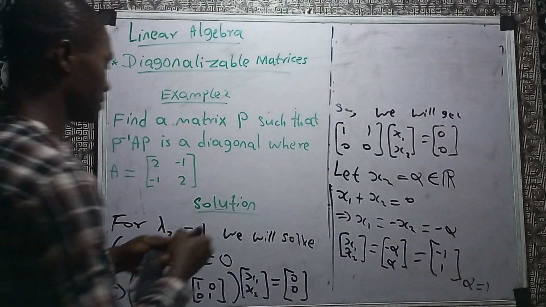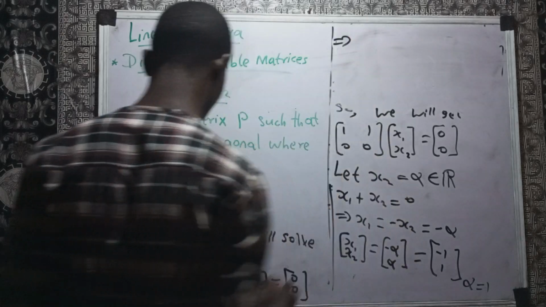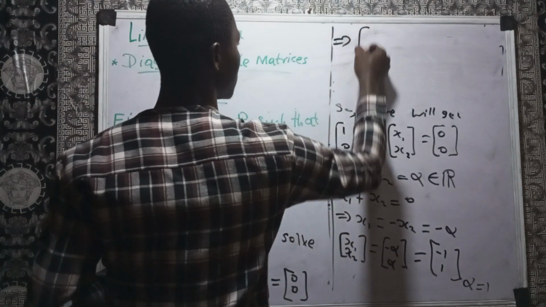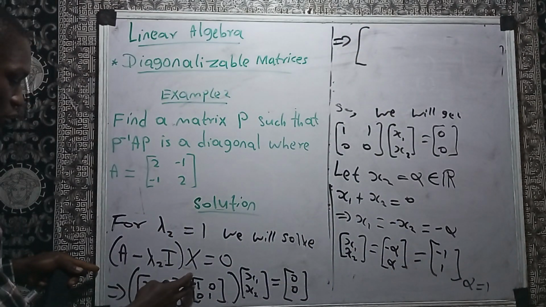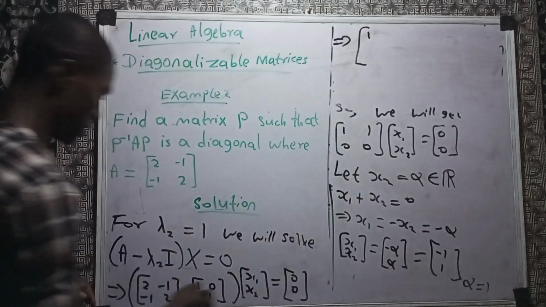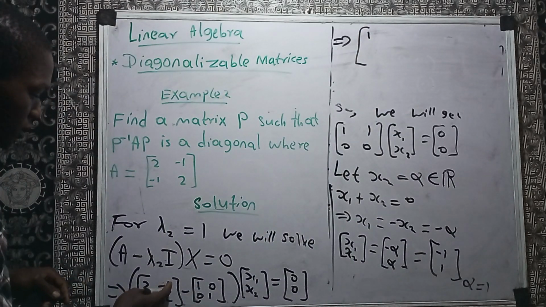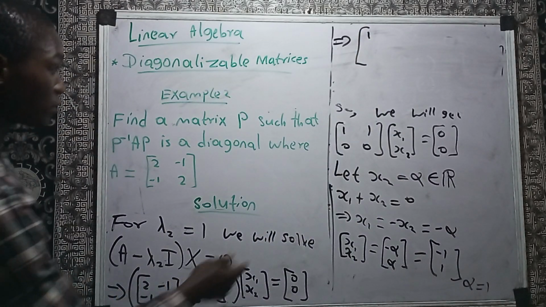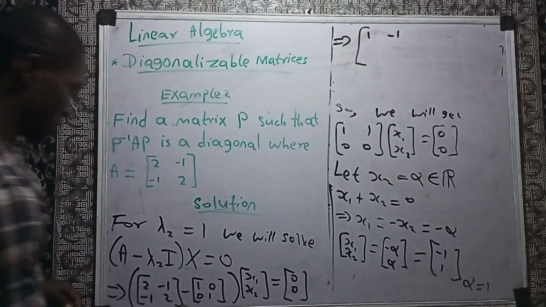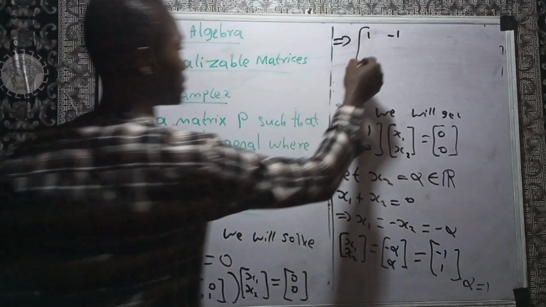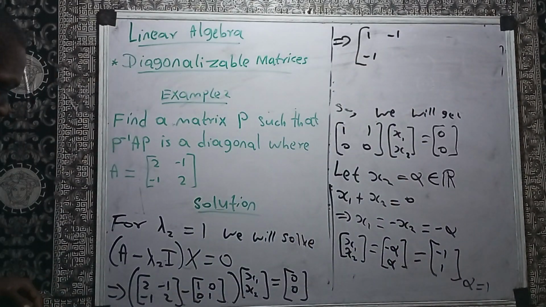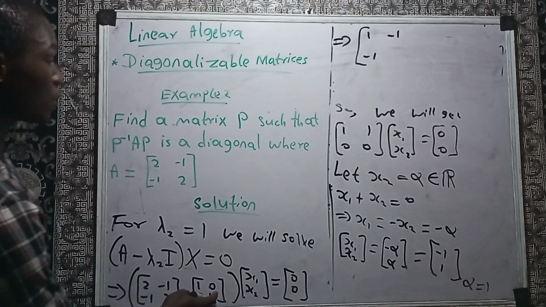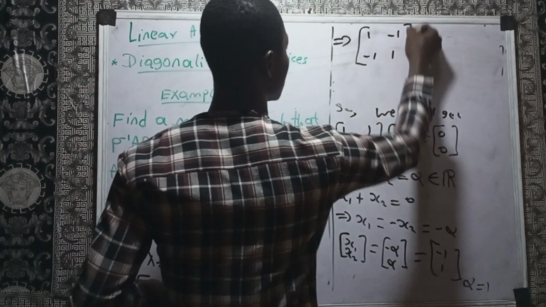So we can subtract, right? 2 minus 1 is 1. Negative 1 minus 0 is negative 1. Negative 1 minus 0 is negative 1. Then 2 minus 1 is 1.